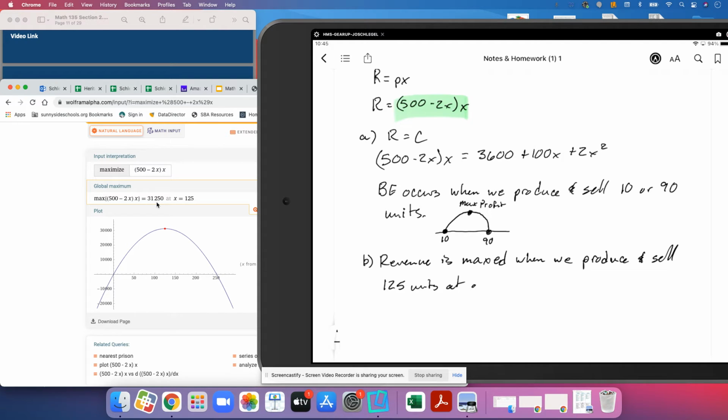What we need to say here, everyone, is that revenue is maximized when we sell 125 units. Max revenue is 31,250.